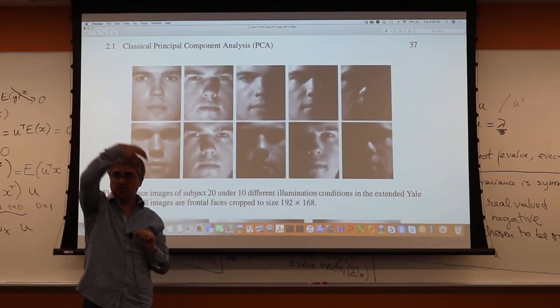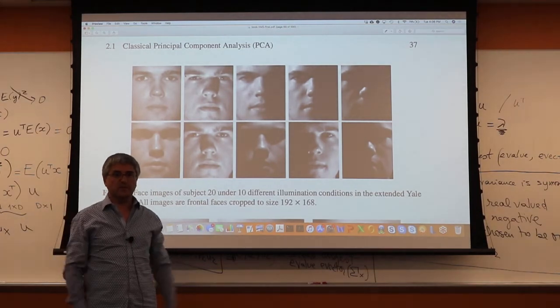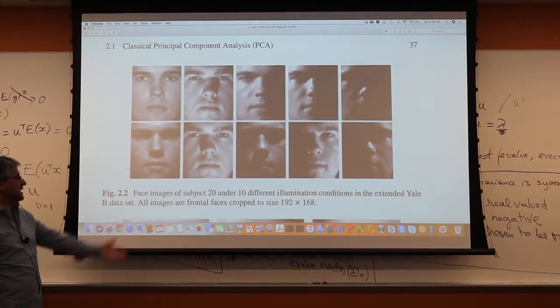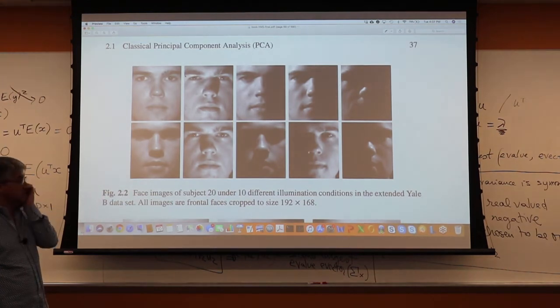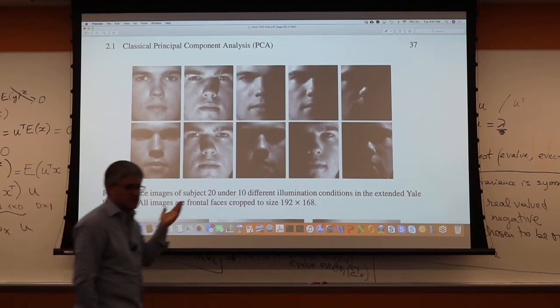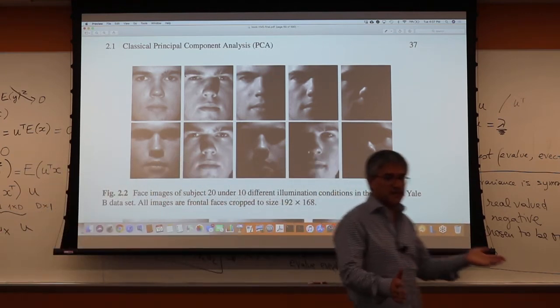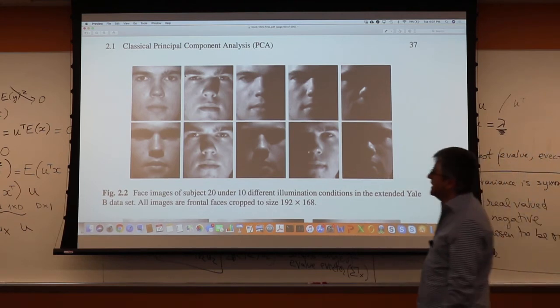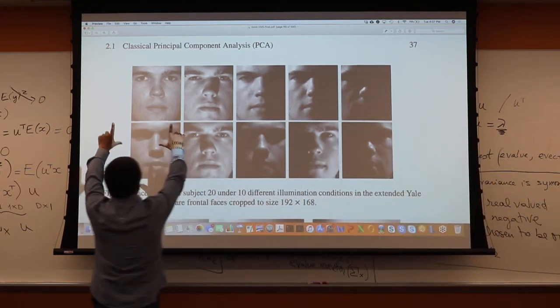So you can just imagine all possible directions being put in. In particular, I think this is 10 different illumination conditions, but I think this database has probably 64 different lighting conditions. So that's the data. So what we are going to do is to take these images, which are 2 dimensions, okay?